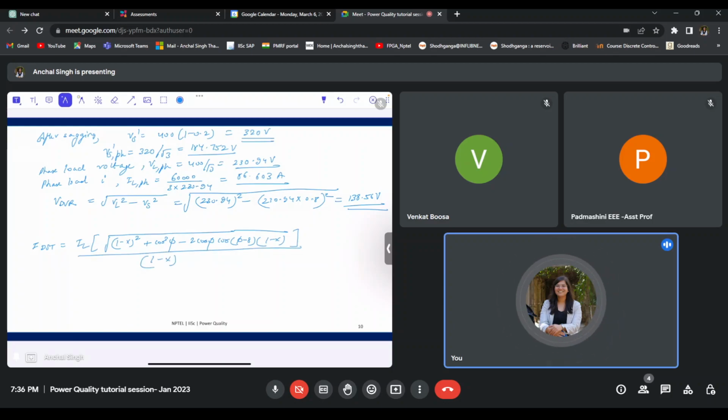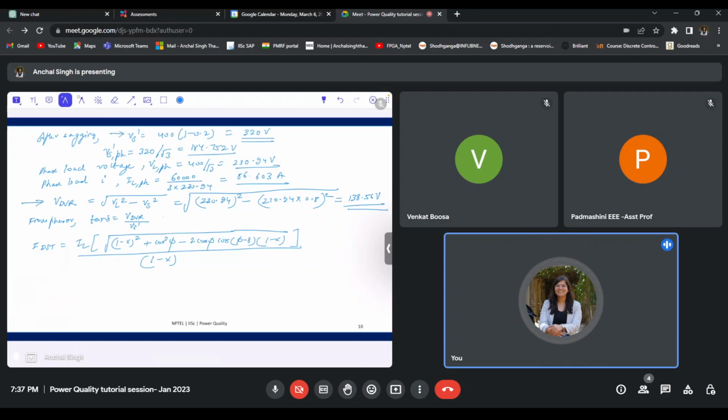Now we already know phi, which is the power factor angle, that is cos phi equals 0.8, and from that we can calculate phi, but we need to calculate delta. So delta is the angle between VL dash and VS dash. If you look at the phasor, we know that tan delta is equal to VDVR by Vs dash, and we had just calculated VDVR and Vs dash is present here.